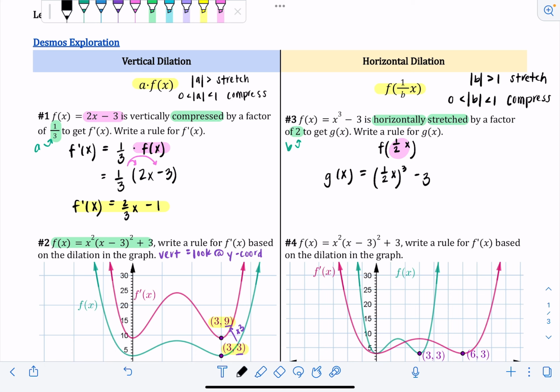So we can just cube the 1/2. 1/2 cubed means 1/2 times 1/2 times 1/2, so that'd be 1/8 altogether. You just cube the numerator and denominator, so 1 cubed is 1 and 2 cubed is 8. So g of x equals 1/8 x to the third power. Now the power just belongs to the x, so that's why we take off the parentheses, and then we bring down the minus 3. So g of x equals 1/8 x cubed minus 3.